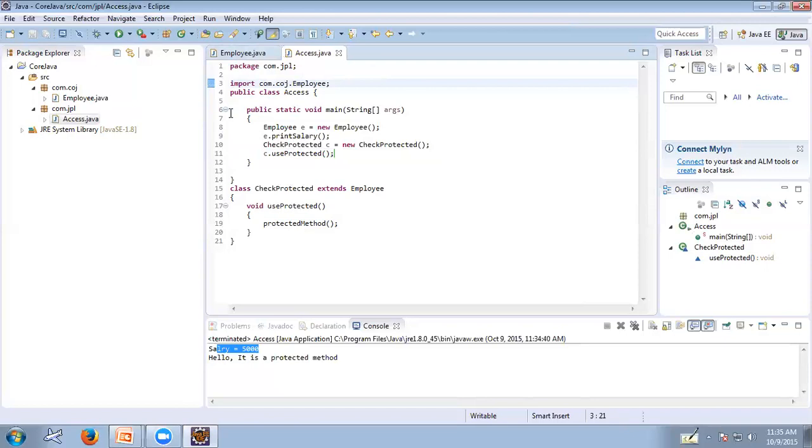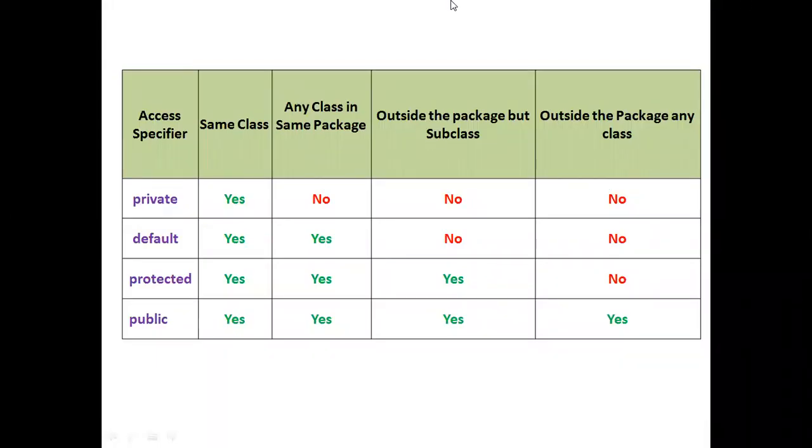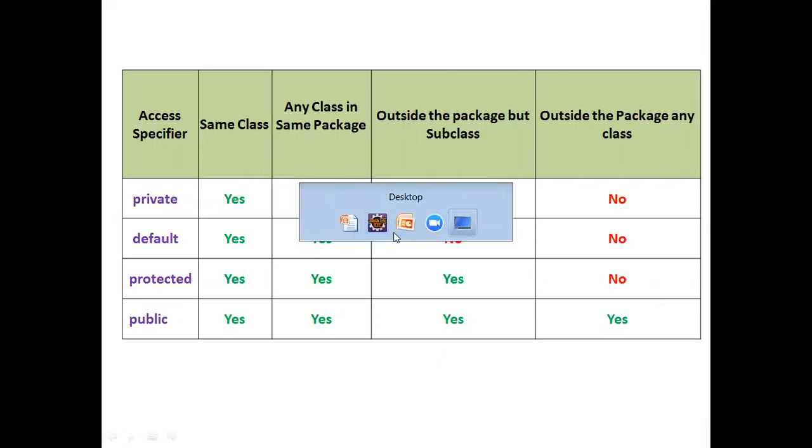The only difference between public and protected is that both can be accessed outside the package, but protected can be accessed only in a subclass outside the package, and public can be accessed anywhere outside the package. And default is only inside the same package. But private is only in the particular class where we have declared. I hope you understand what an access specifier is and how to give the access rights to all data members.